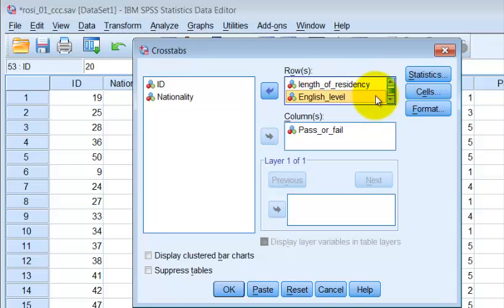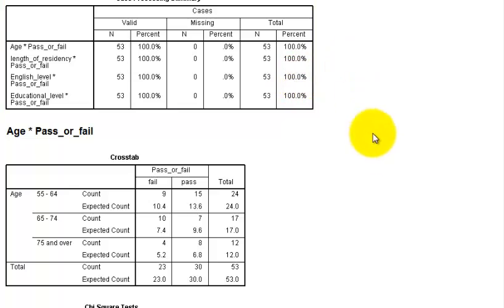We're going to run 4 different chi-square tests all at the same time. So here we go. This top box shows you every chi-squared test. The first one is age and pass or fail. The second is residency, pass or fail, then English level, pass or fail, and education level, pass or fail. So now let's go ahead and look at the results.